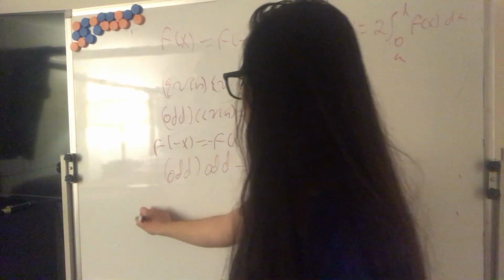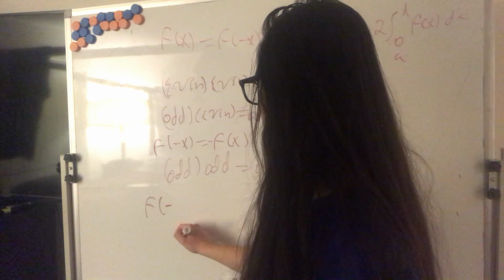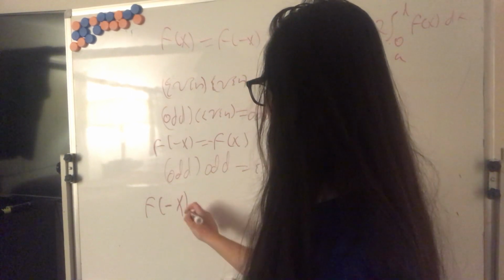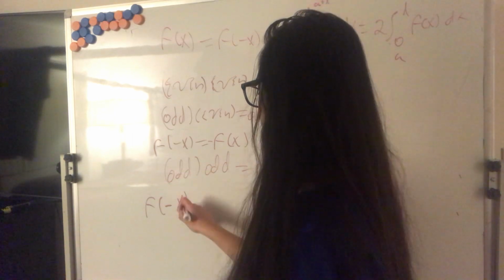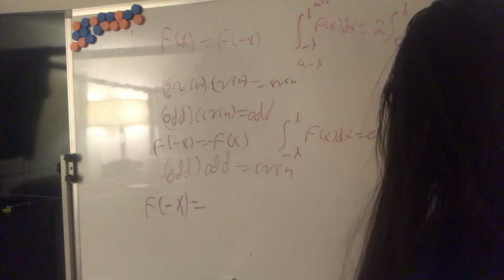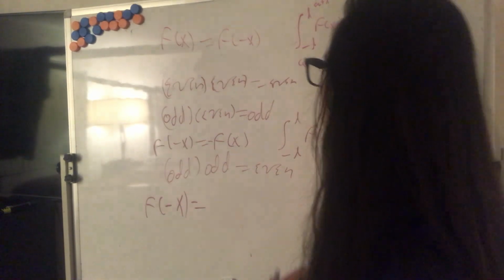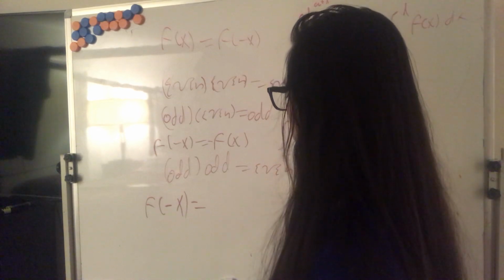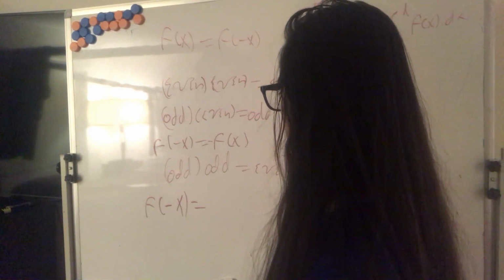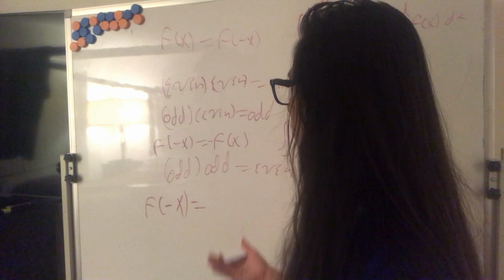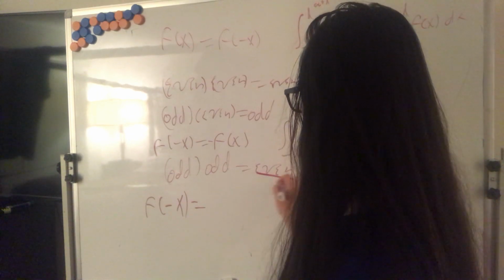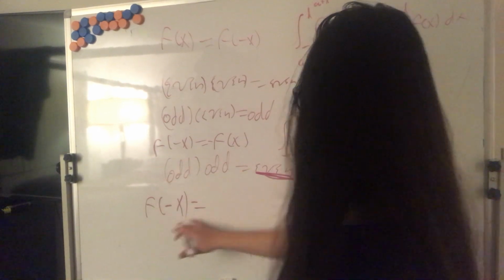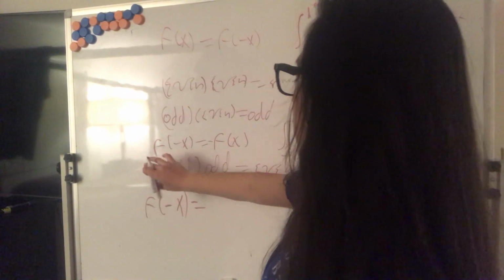So we have f(-x), and this needs to be equal at the end to f(x) in order to have an even function. I'm doing this proof. I'm talking about the resulting function f. This resulting function needs to satisfy these two properties. Now let me see this property.